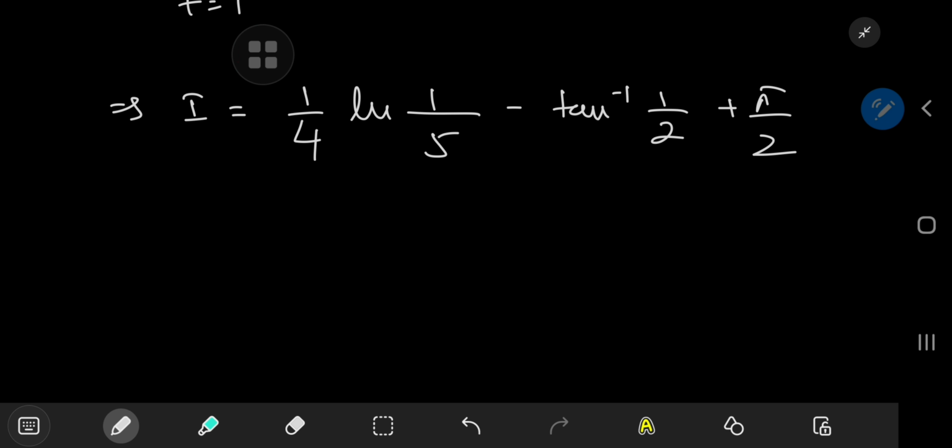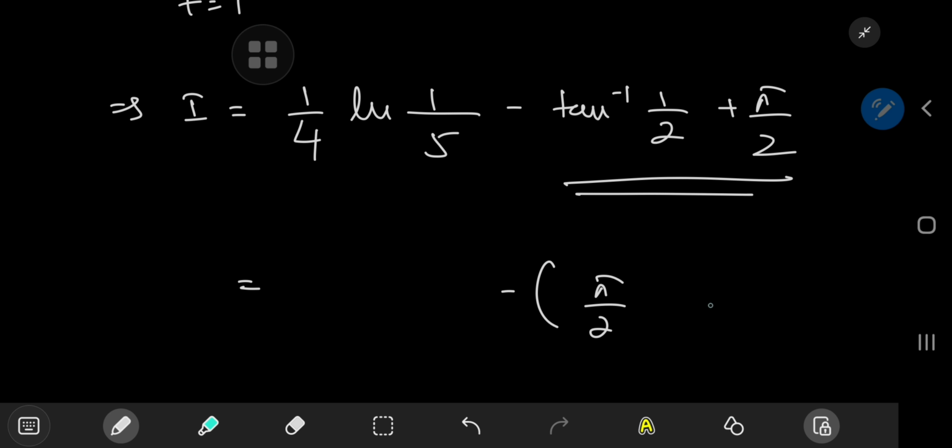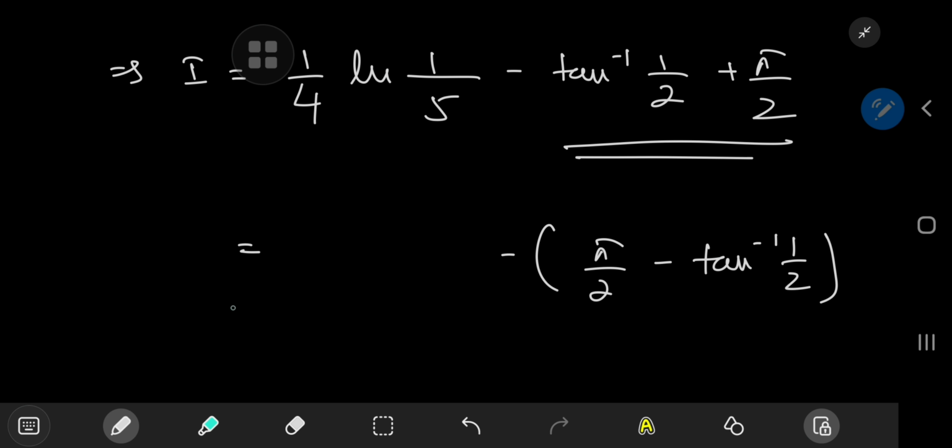And we can actually simplify this further if I take this part of the expression and write this as negative pi by 2 minus the inverse tangent of 1/2, because there's this very nice property of the inverse tangent function that the inverse tangent of z plus the inverse tangent of negative 1 by z equals pi by 2.